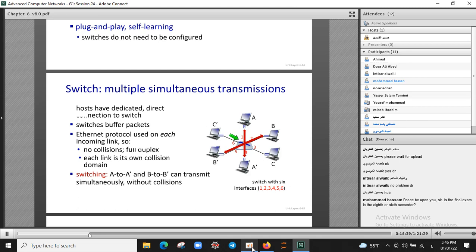And as you can see here in this figure, host A is connected to A prime, B is connected to B prime, and C is connected to C prime. And they can send simultaneously without any collision. It's a full duplex connection.